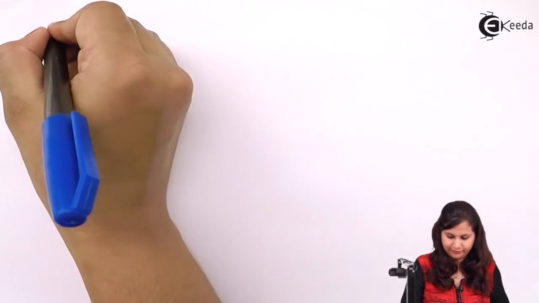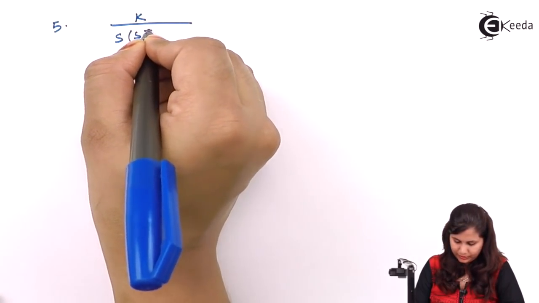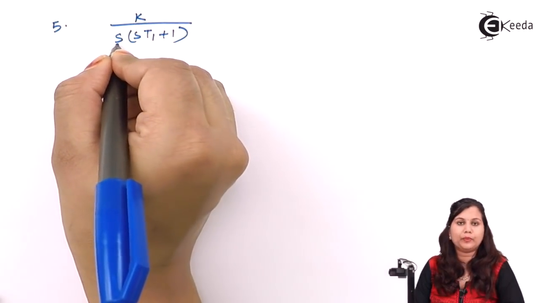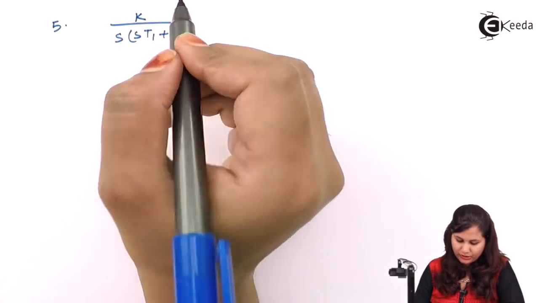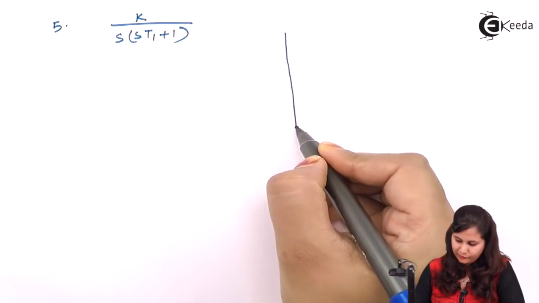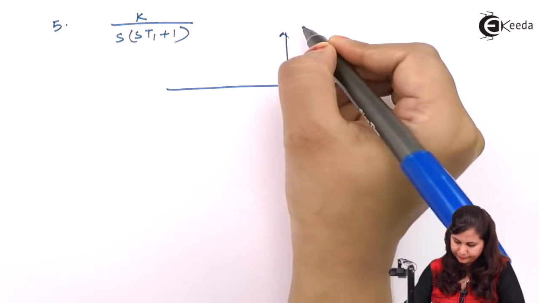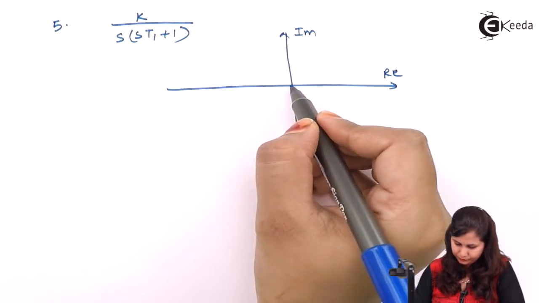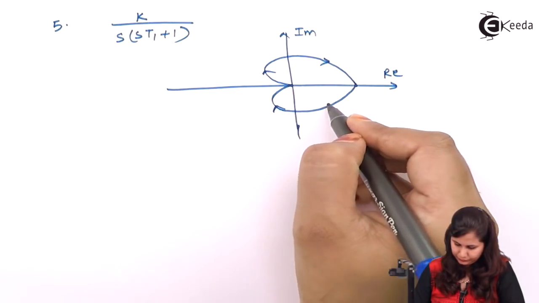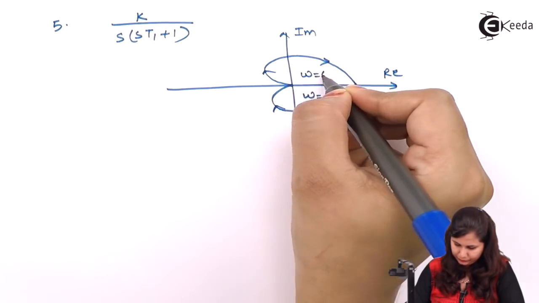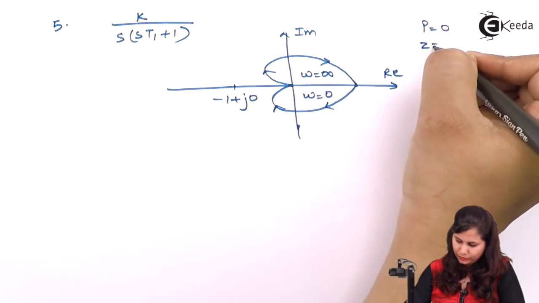Fifth, we have K upon s(sT1 + 1). That is, one pole is at the origin and we have another pole. No zero is present. For this function, the Nyquist plot will be like this, with P equals 0, Z equals 0.